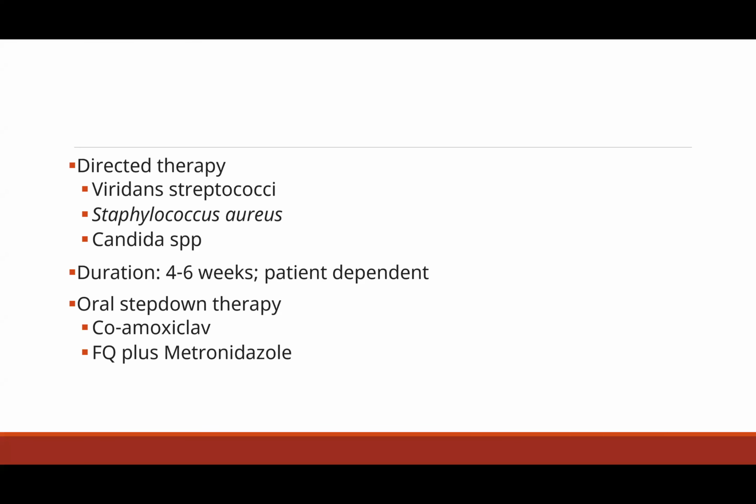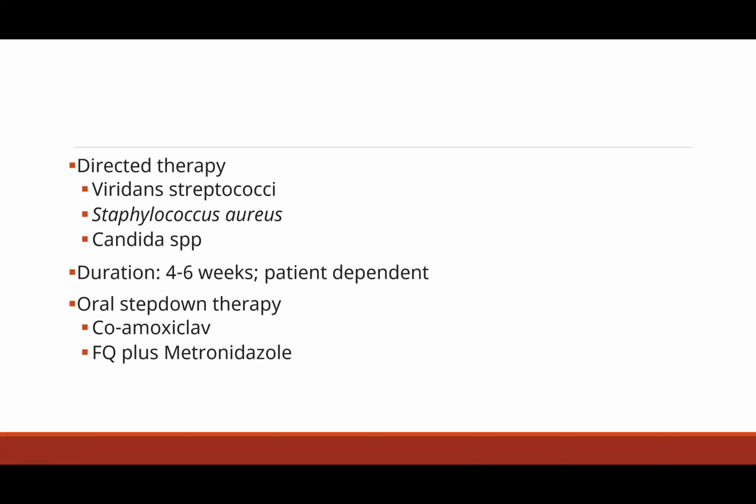Then in terms of oral switch, the remainder of the course can be completed with oral therapy that would be tailored to your culture and susceptibility results. But even if you don't have these results to tailor a regimen, a reasonable empiric oral antibiotic choice would be Augmentin or a fluoroquinolone with metronidazole.